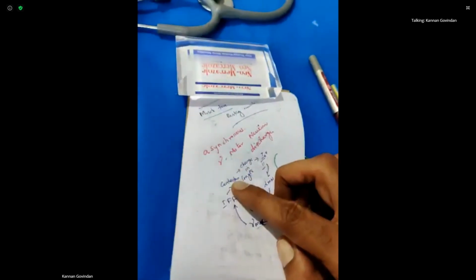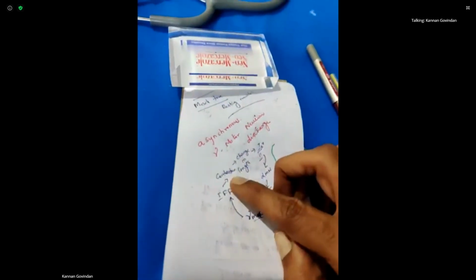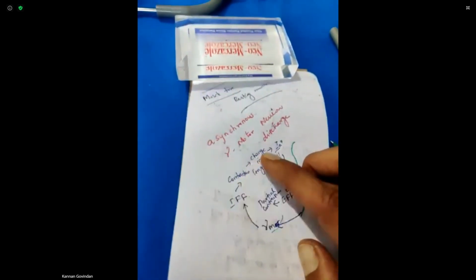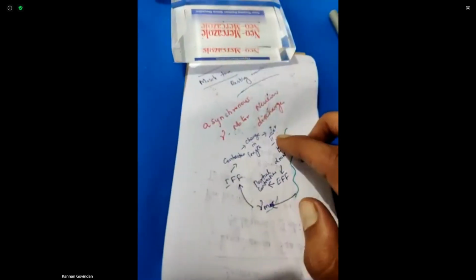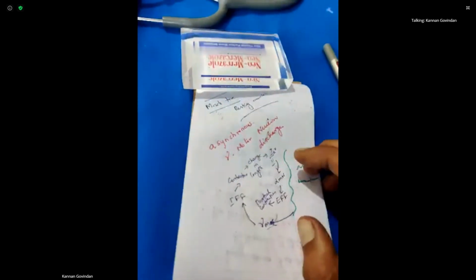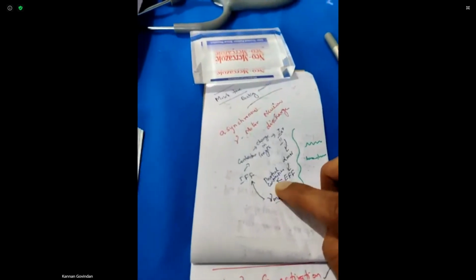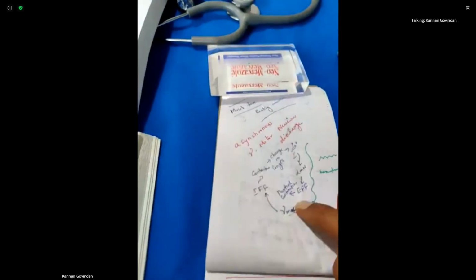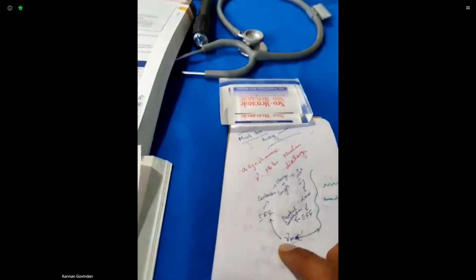The intrafusal fibers go for contraction, and as there is contraction of intrafusal fibers, there is a change in muscle length. This results in activation of 1A fibers, which activate the alpha motor neuron. Activation of the alpha motor neuron activates the extrafusal fibers, and the muscle goes for contraction. This is not a complete contraction because not all the muscle fibers are activated. This results only in a partial contraction. This is muscle tone.